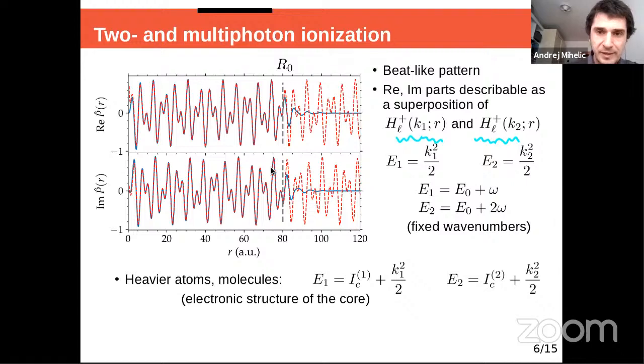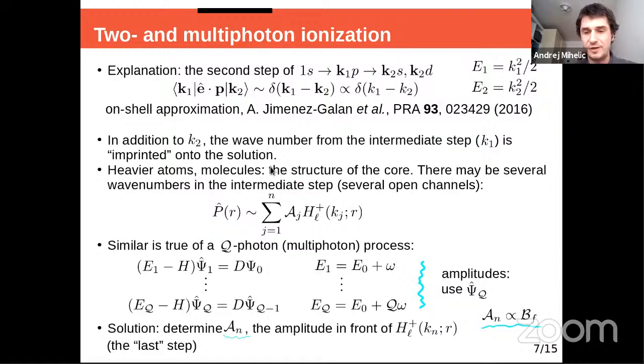Now, what is the actual reason that we have two wave numbers present in the second order solution that we obtained? Well, this becomes clear if we look at the two photon ionization in hydrogen.